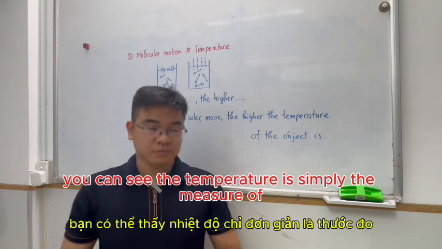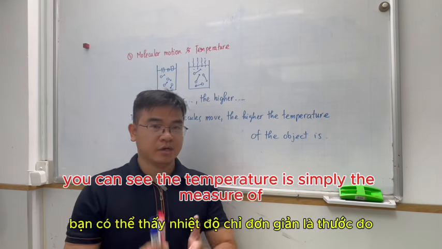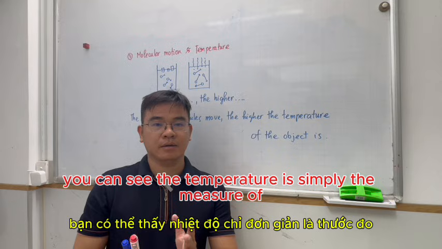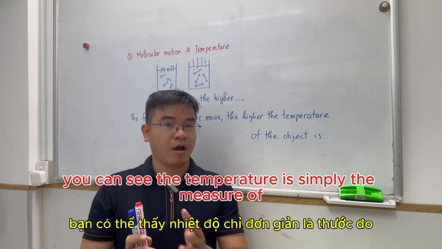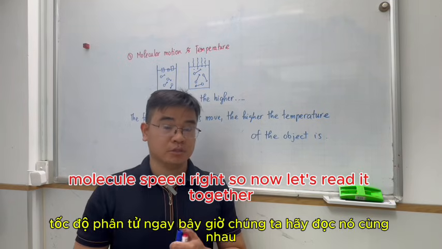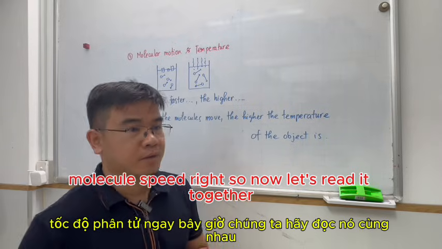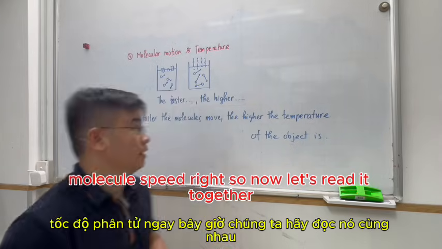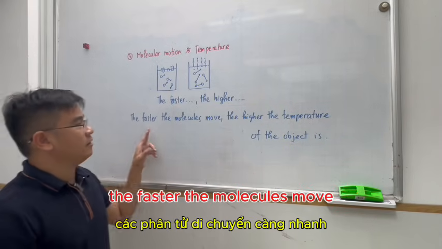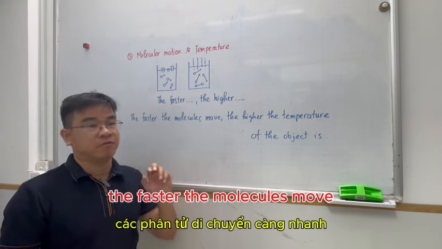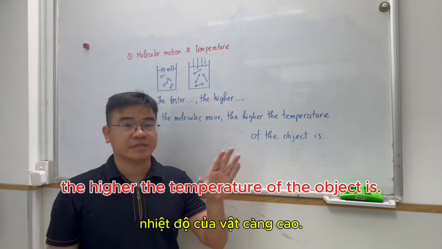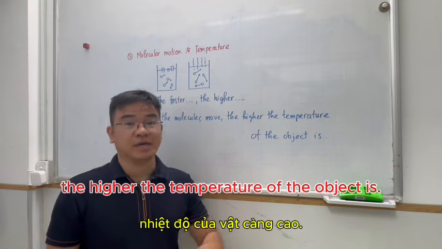Okay, you can see the temperature is simply the measure of molecule speed, right? So now let's read it together. The faster the molecules move, the higher the temperature of the object is.